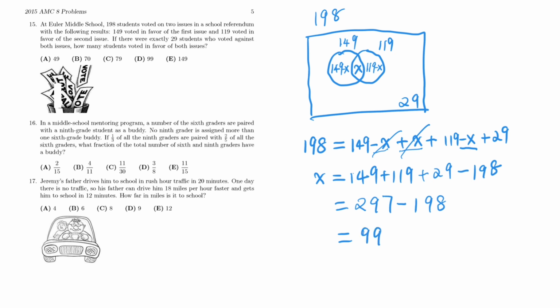So there are 99 students who voted in favor of both issues. That's the answer D.